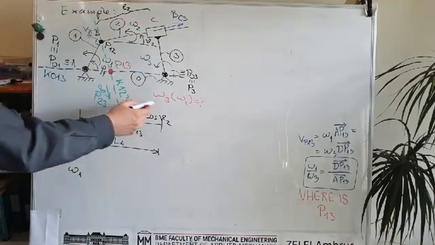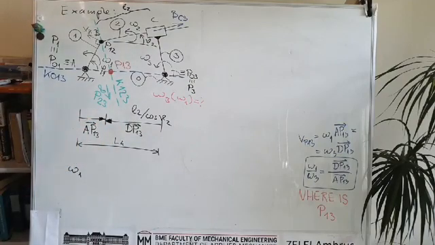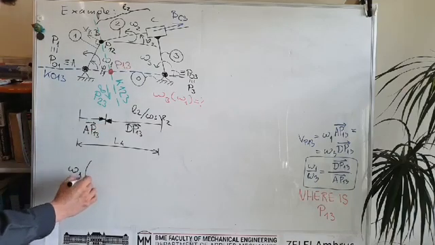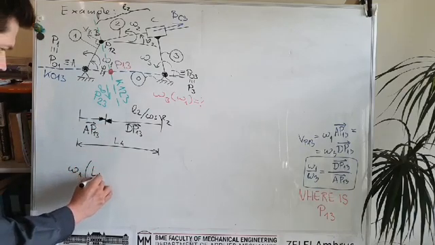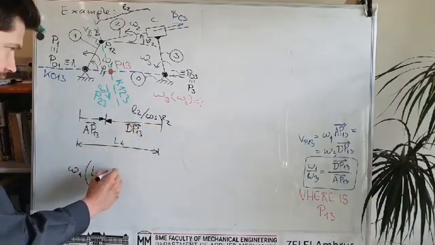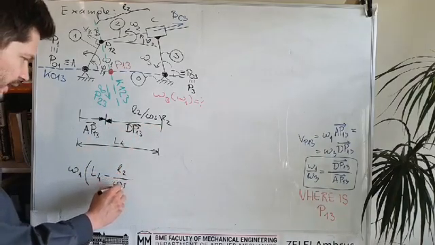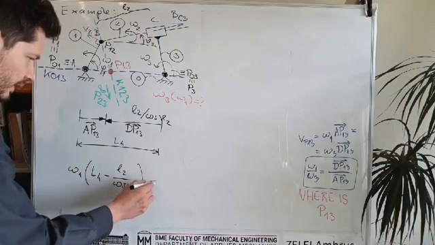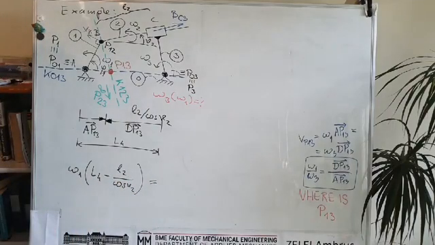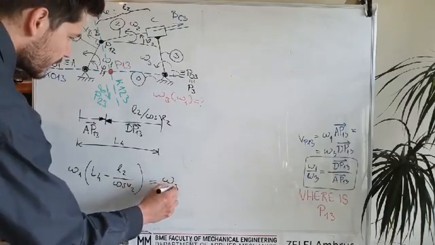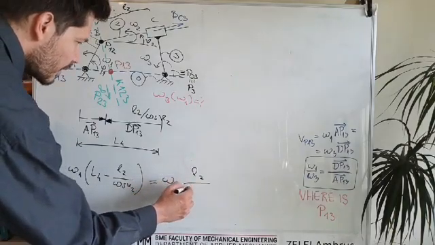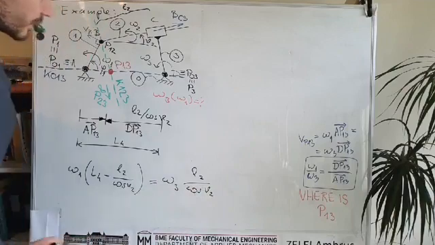Okay, so we could compute this, and basically we say that omega 1 times this small distance here, which is L4 minus L2 over cosine theta 2, is equal to omega 3 times L2 over cosine theta 2.